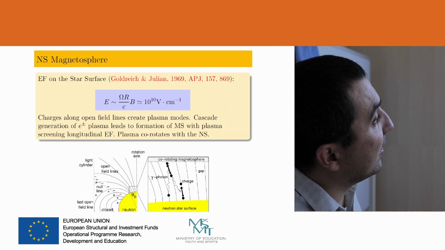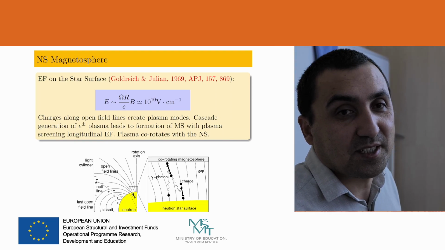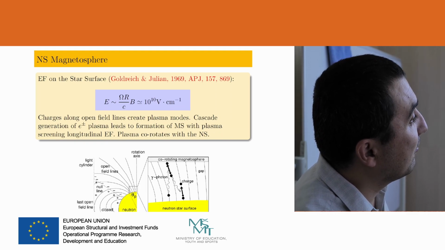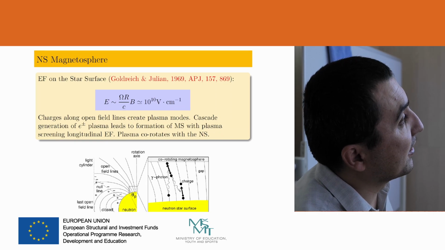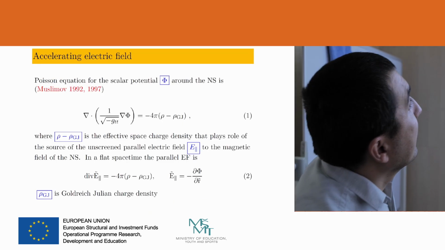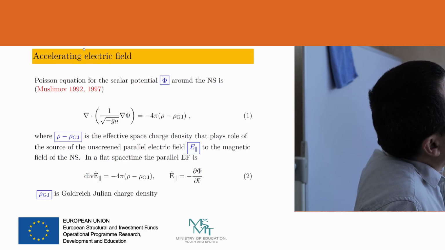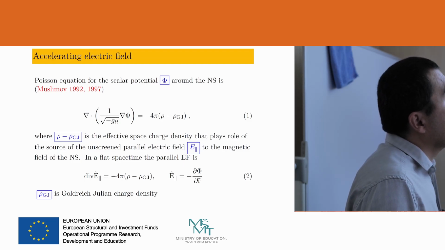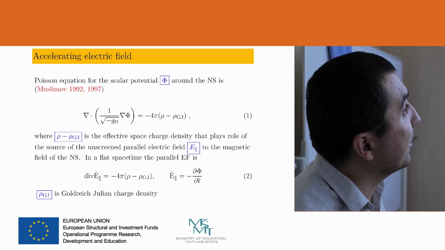outside of the star, the magnetic field lines should rotate with speed higher than speed of light. It is unphysical, so we cut the area with the light cylinder. So as we told about this induced electric field, now we can calculate the scalar potential of the induced electric field using the Poisson equation.